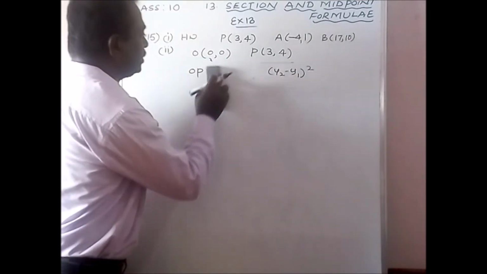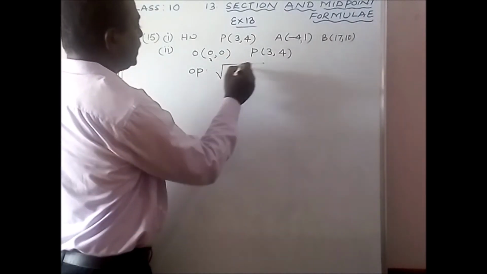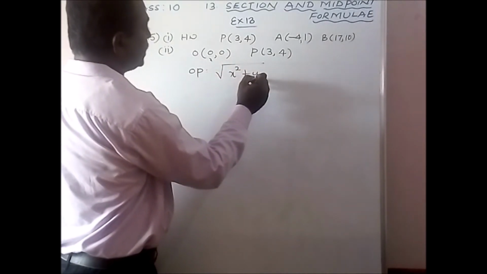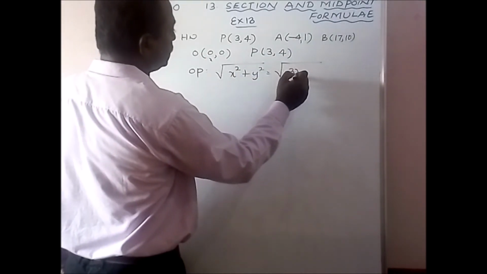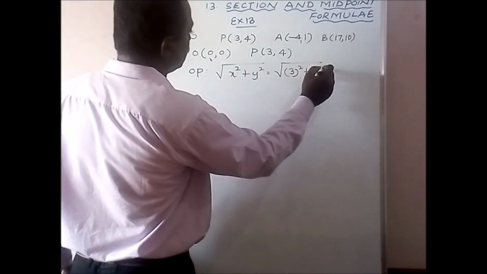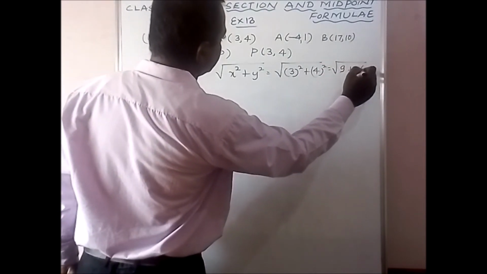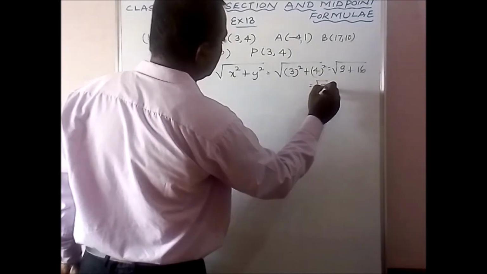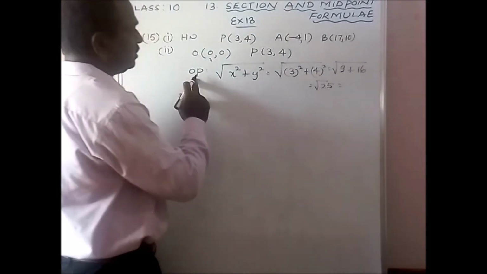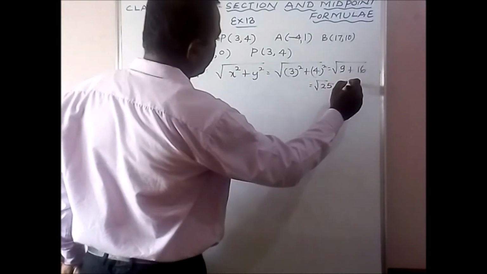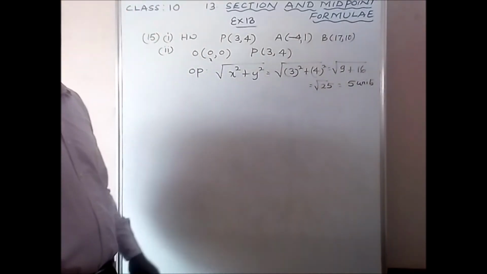We will use that formula; it will be very simple, isn't it? So root of 3 square plus 4 square, that is root of 9 plus 16, that is root of 25. So OP is equal to the square root of 25, that is 5 units. Correct? That is the distance.